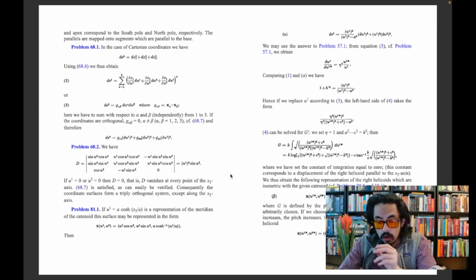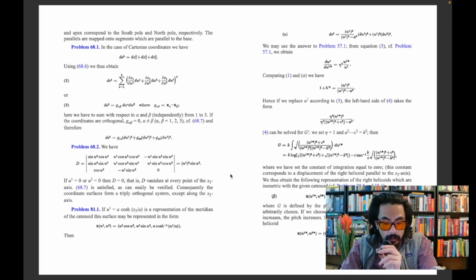And going back again to expression 4 from the solution of problem 57.1, that can be solved for capital G prime, and we furthermore set nu equal to 1 and a squared minus c squared equal to, let's say, k squared.